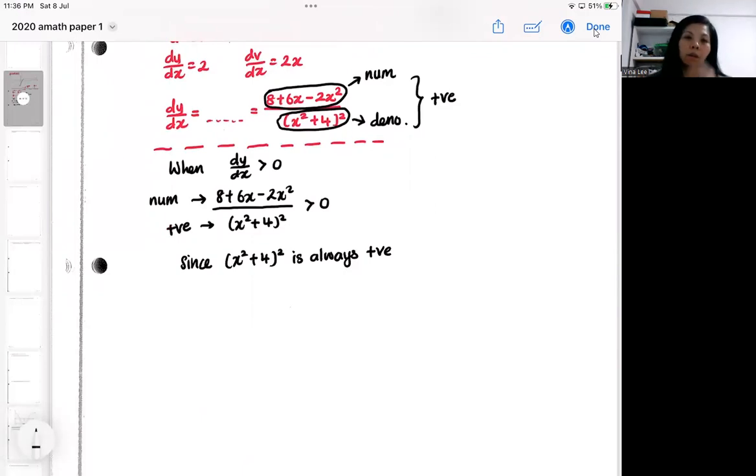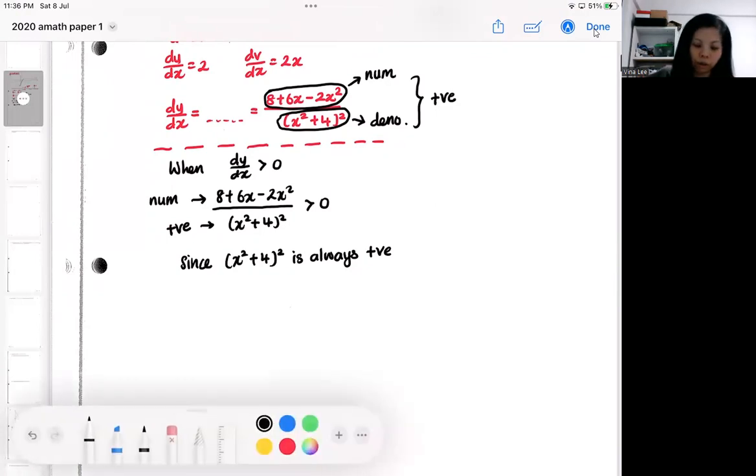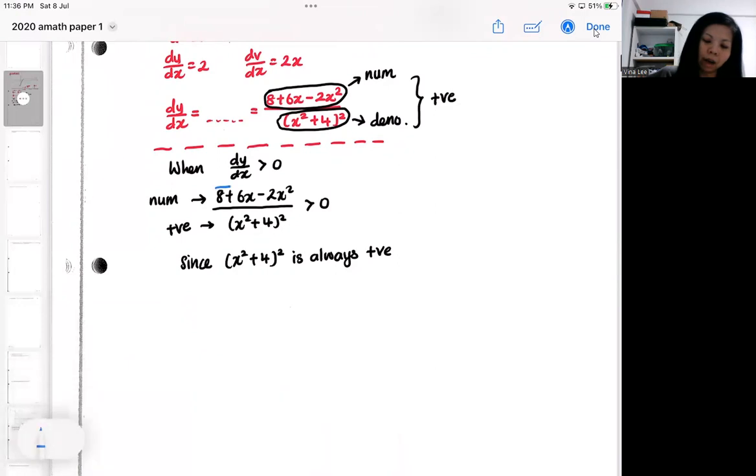So in order for the whole fraction to be positive, I need my numerator to be positive as well.